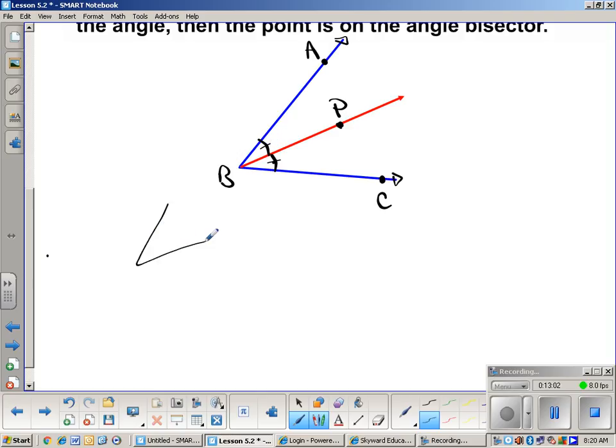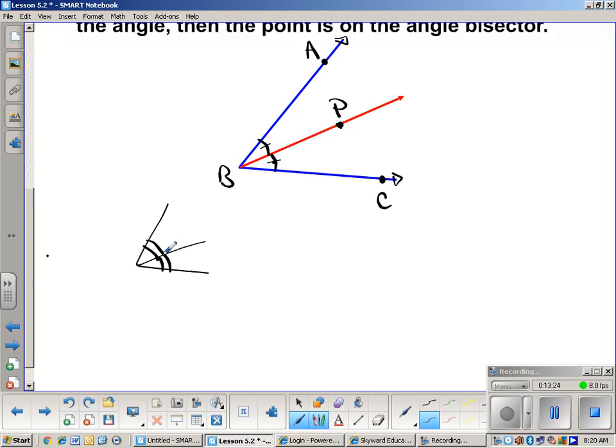Sometimes they put two lines in there, like that. All right? Sometimes instead of two little marks like that, they use two little marks like this. Okay? So what they're saying is any angle that has that identical mark is going to be congruent to any other angle that has that identical mark.